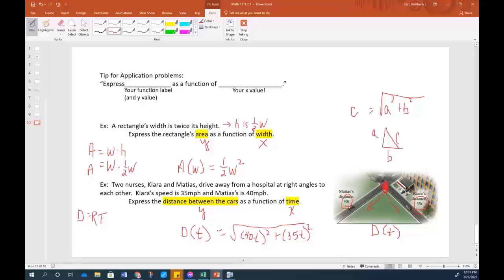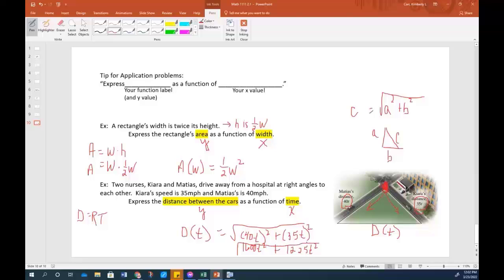Like 40 squared is 1,600, so this would be 1,600 t squared. 35 squared is 1,225, so 1,600 t squared plus 1,225 t squared. Of course, that's all still underneath that square root, which we know I can't draw very well.